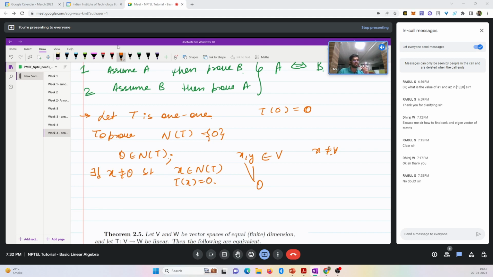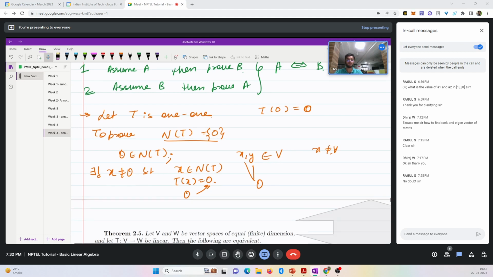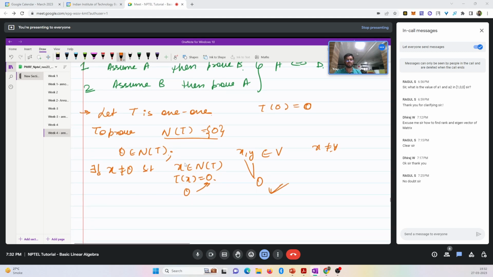There can be only one element that goes to 0, and we already know that 0 is already going to 0. So there can't be any other element that goes to 0. That means the nullity of T is equal to 0. One side is very easy to prove. One side is done. Now for the second side, we need to assume that the null space of T is equal to 0.